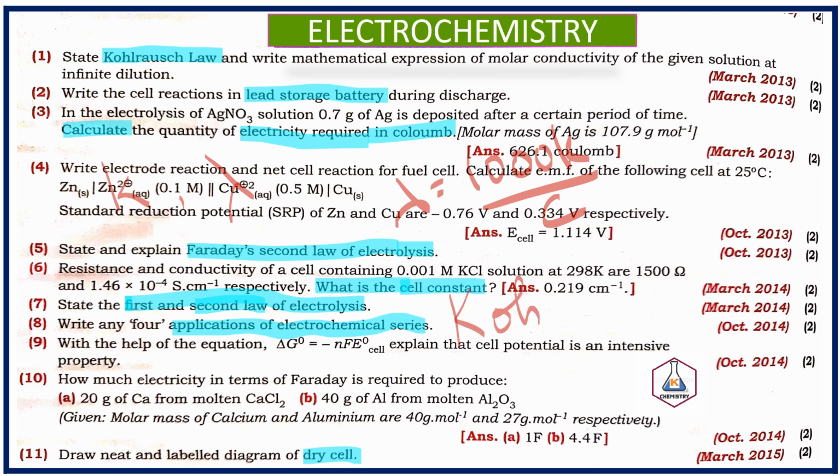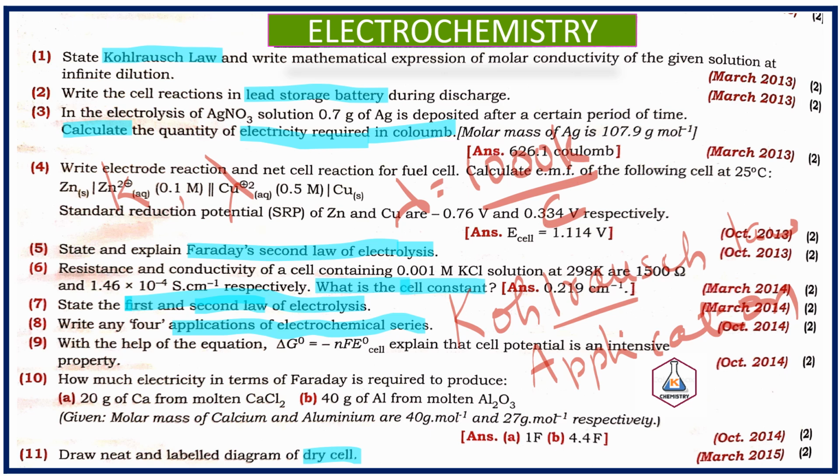One thing or another will be there in the exam regarding this law. So you should study the Kohlrausch law. Not only the statement, but equally important is its application. Don't leave it aside.